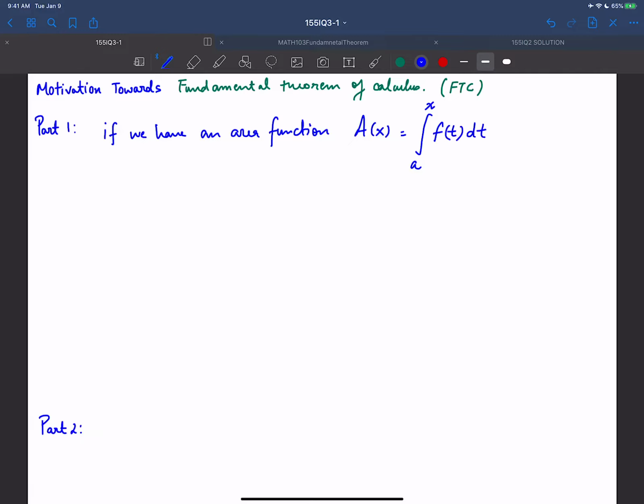Remember, f of t is basically the integrand function, the function that we're trying to integrate. If we have this, then the derivative of the area function with respect to x is nothing but the function that you have plugged in x. This is the fundamental theorem of calculus part 1.